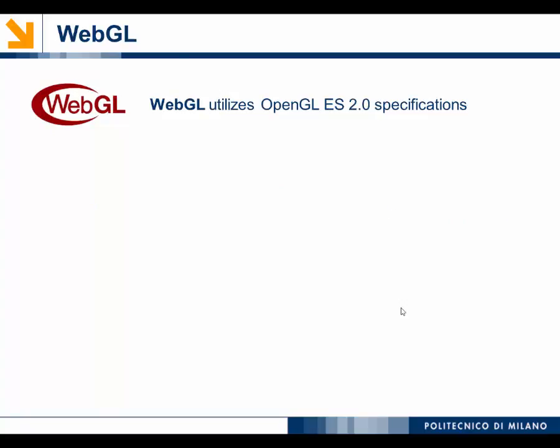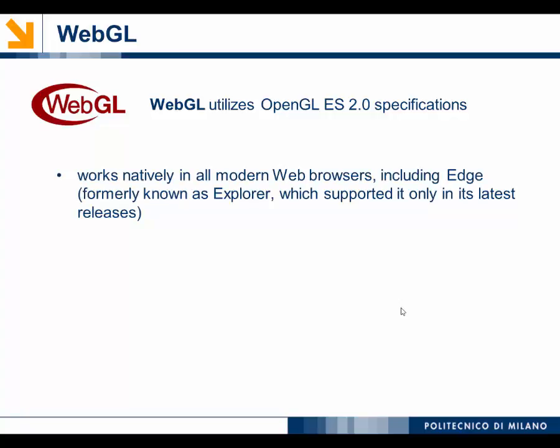Let's go to WebGL, which we are more interested in. WebGL utilizes the OpenGL ES 2.0 specification. That's why we introduced OpenGL ES. It works in all modern browsers. I tested it on Edge this morning. It seems to work.